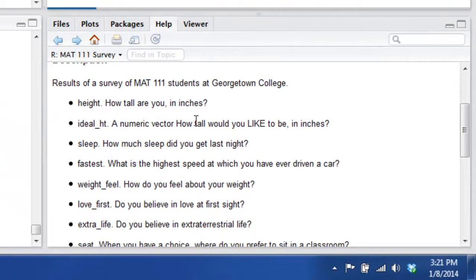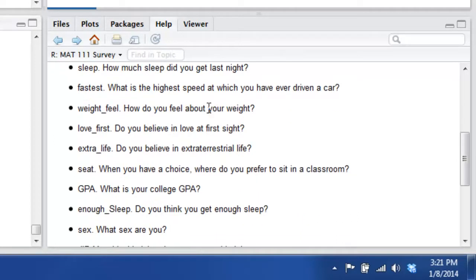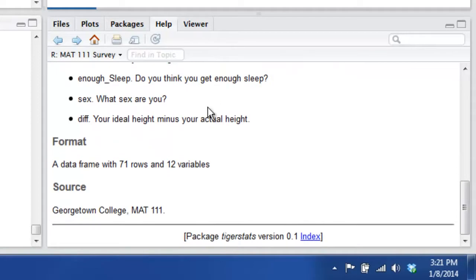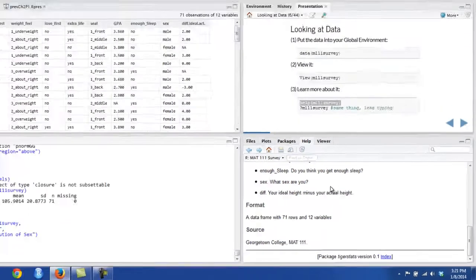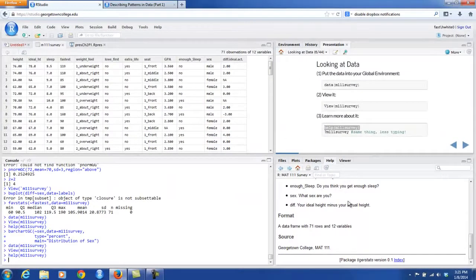And scrolling through the documentation, we can see what exactly all the variables mean. So for example, height is how tall are you in inches. And we also find out the source of the data set. In other documentation, you'll often learn quite a bit more about the data frame at hand, so it's always good to look at help.